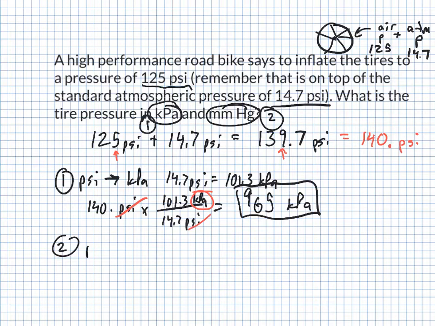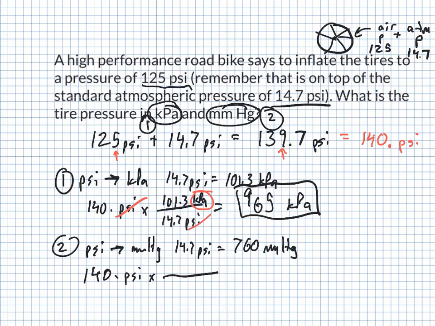So converting that psi into millimeters of mercury, 14.7 psi equals 760 millimeters of mercury. So again, 140 point with my 3 significant figures there. Start with psi, divide by psi in my denominator.